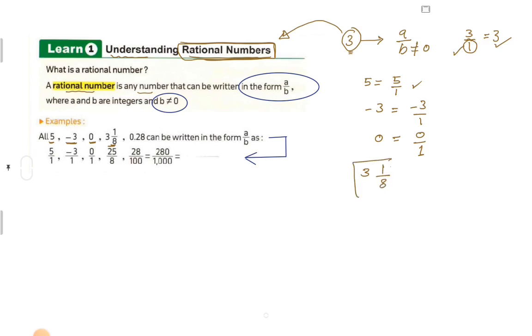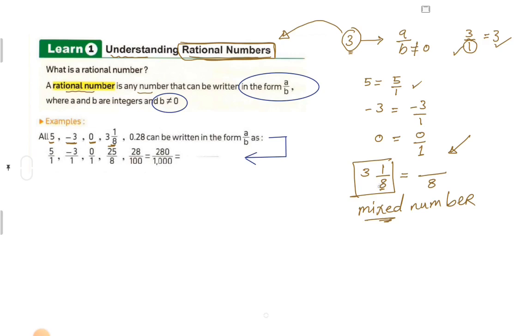3 and 1 over 8, we call it a mixed number. And the mixed number we can convert to a fraction, a fraction with the same denominator, 8. But how can we find out the numerator here? We learned before too.